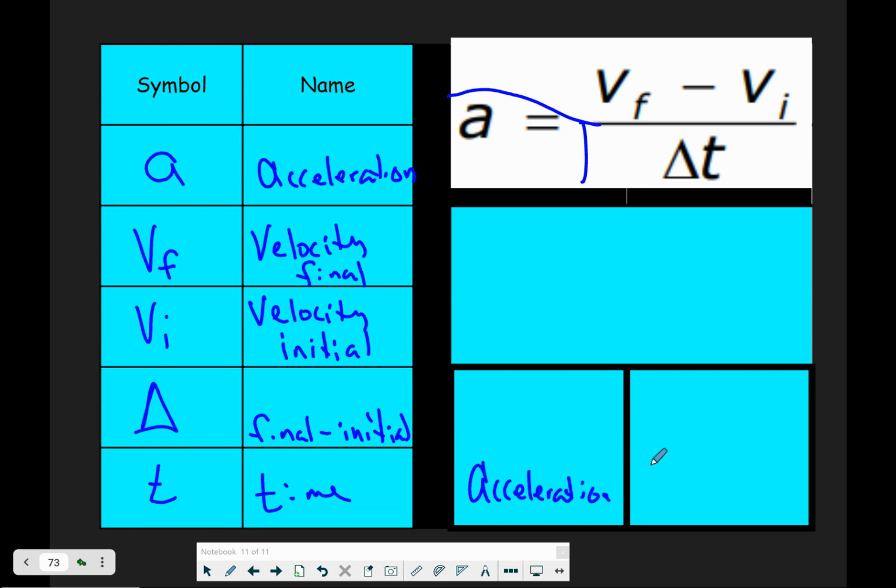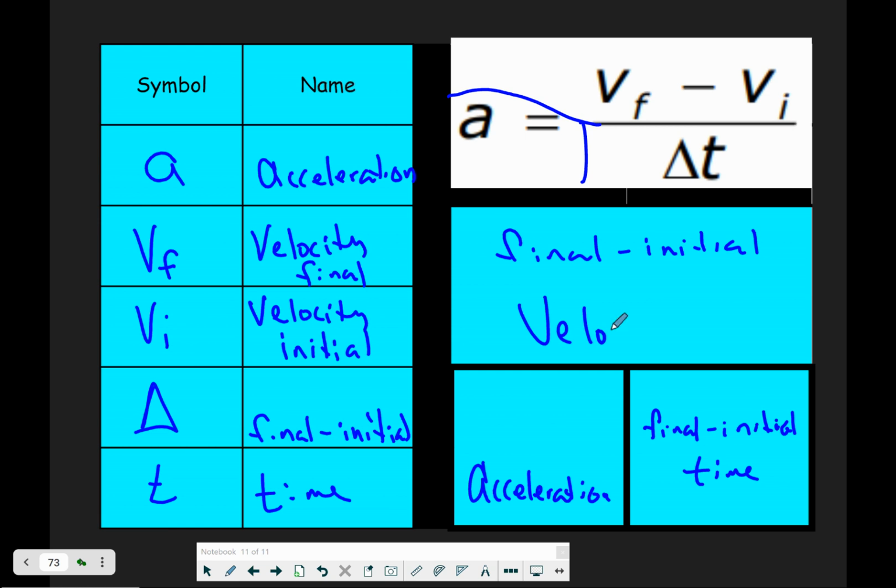I'm going to put delta final minus initial time. And I'm going to put final minus initial velocity.